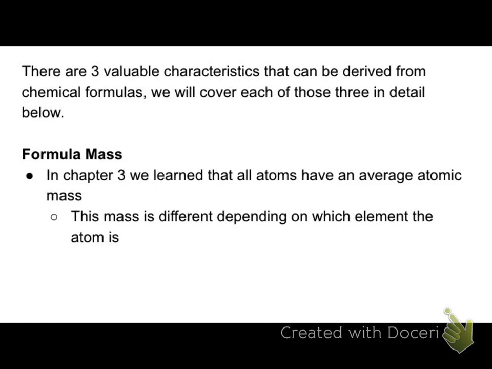So helium, an atom of helium has a different mass than an atom of nitrogen. Hydrogen has an average atomic mass of 1.01 U, and oxygen has an average atomic mass of 16.00 U. So you can see the differences there.